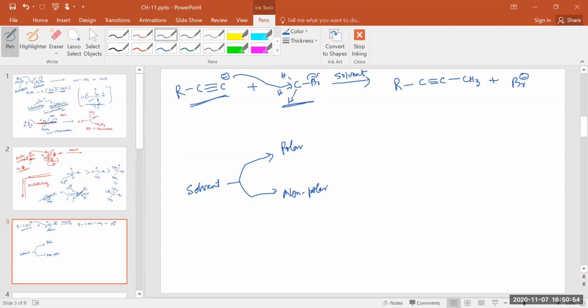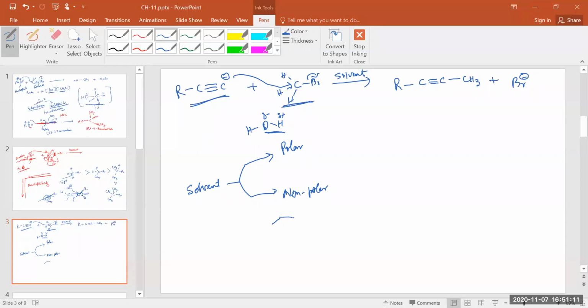Okay. So what is a polar solvent? That has polarity in the molecules, like water. Water has oxygen with delta negative and hydrogen with delta positive. So here you have a dipole, so that is polar.